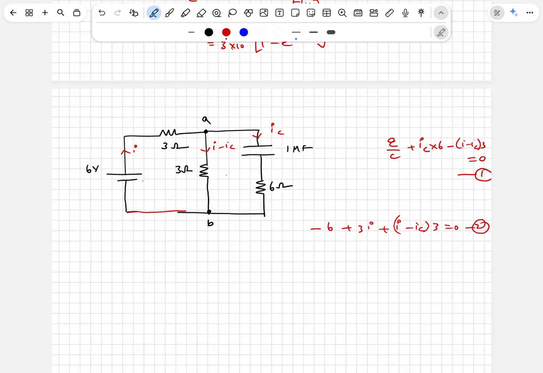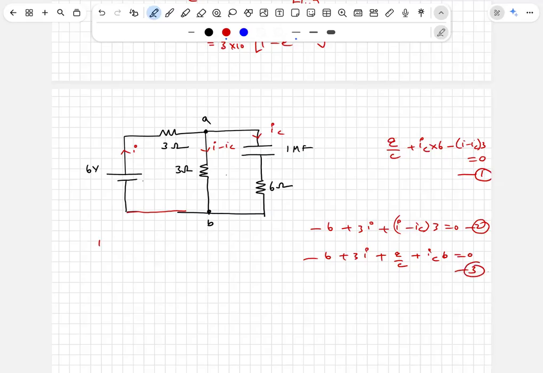Equation 2. Plus another big loop: minus 6 plus 3I plus I had dq by dt, Q by C plus IC into 6 is equal to 0.